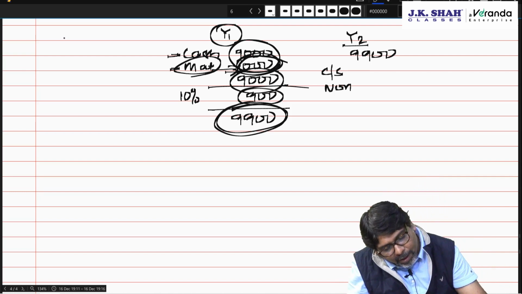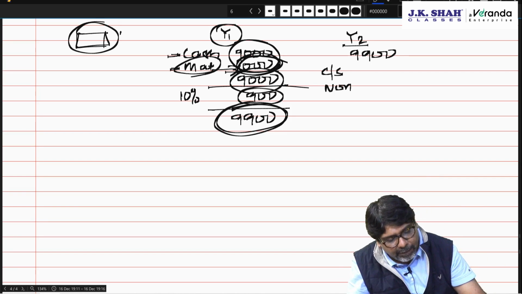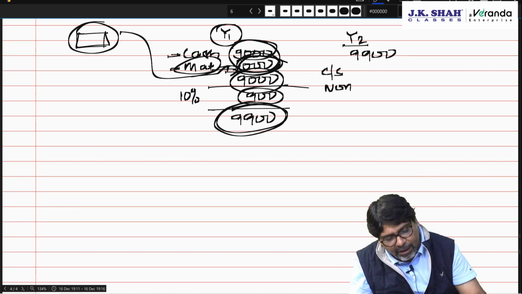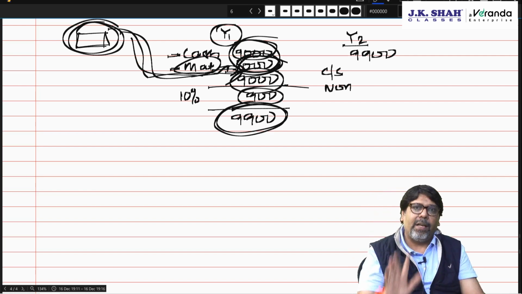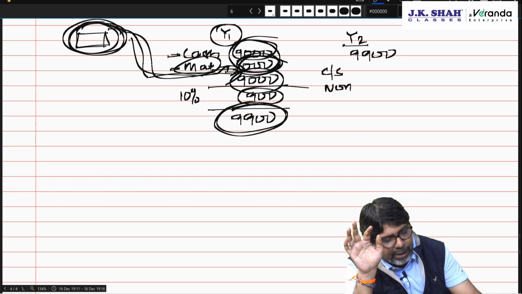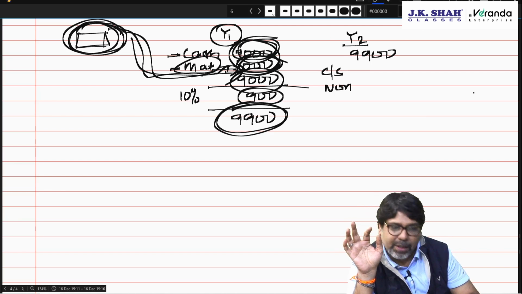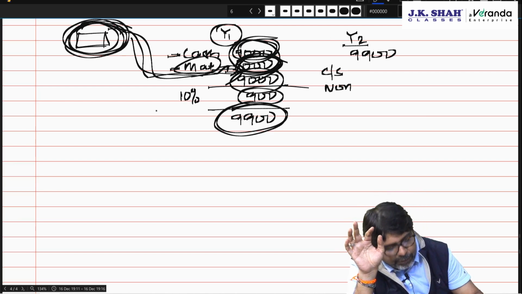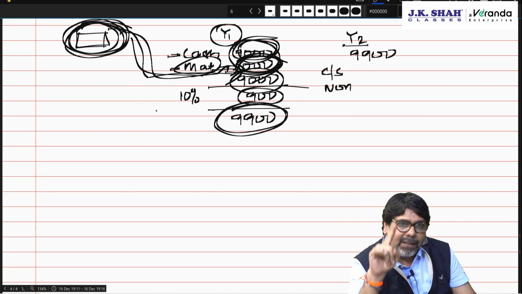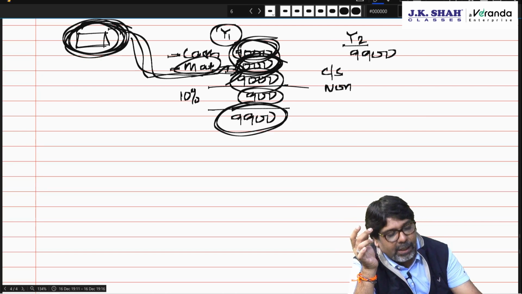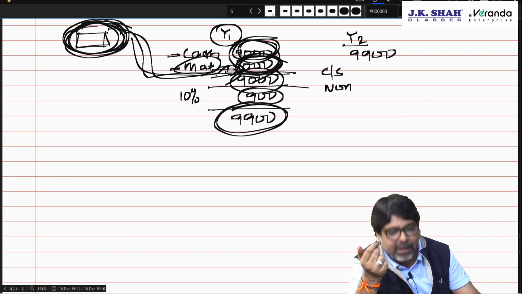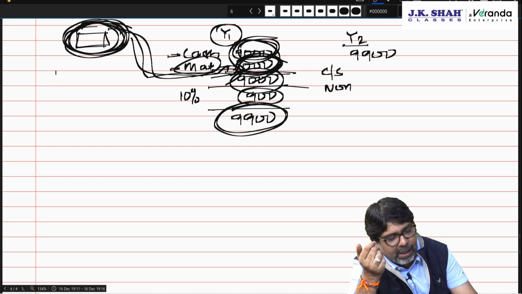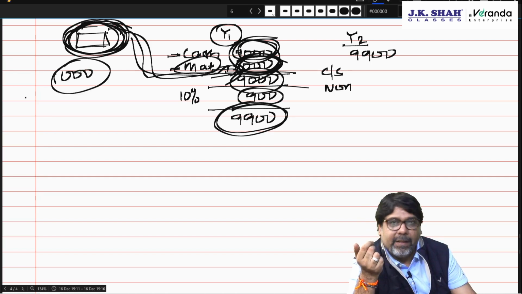For example, you are a furniture wala, you have some wood in your godown, that wood you have used here. 9000 ka wood you purchased, 1000 ka wood you used from your godown. If you would not have used that 1000 ka wood in construction of this furniture, then you would have sold it, got the money and repaid the loan.